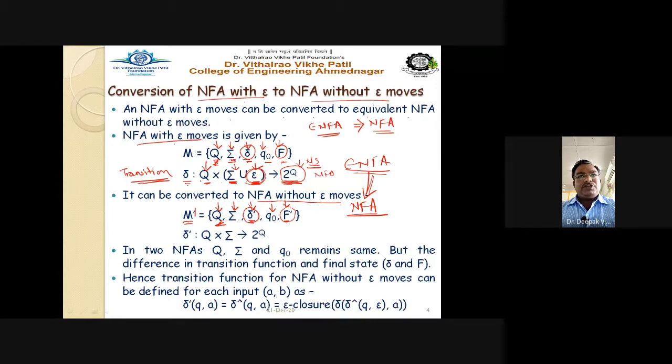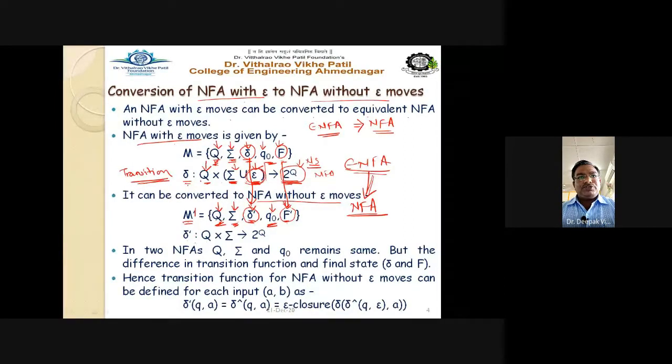The sigma, the set of input alphabet, also remains the same. The start state Q0 in the new machine also remains the same. But which entities are changing here? The changing entities are your delta, which is converted into delta dash, and F, which is converted into F dash.